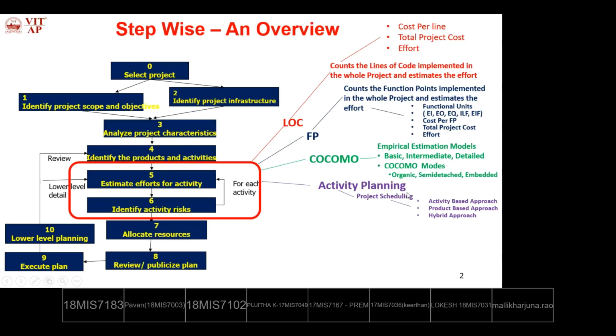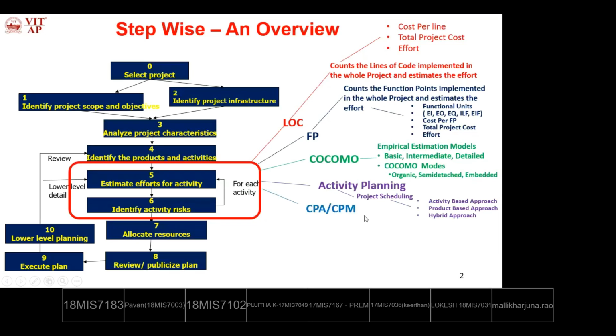After identifying all the activities, we will use this approach and estimate the effort. That is, when should we start the first activity, second activity, third activity, and so on. At the same time, the deadlines of the activities are scheduled in project scheduling in terms of activity planning.